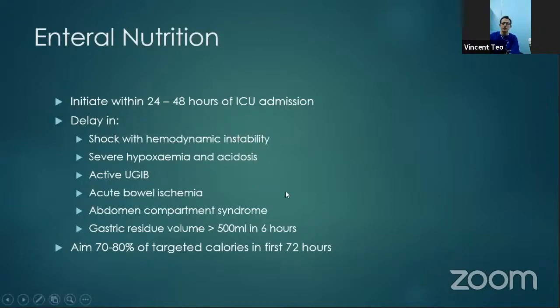Of course, patients who are severely hypoxemic and in severe acidosis, you might want to delay as well. Those who are having active GI bleed, which is actually quite common in our COVID setting, as we are giving them anticoagulants as well. Those who have bowel ischemia or perforation, or abdominal compartment syndrome, and those who don't tolerate feeding, which is defined as a gastric residual volume of more than 500 ml in 6 hours.